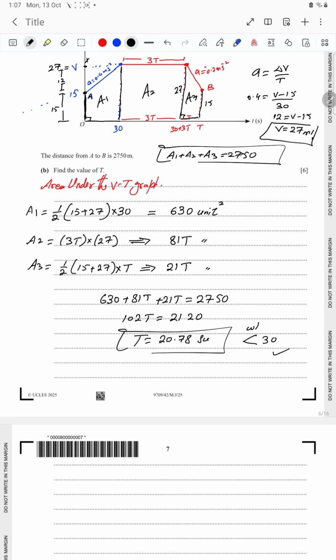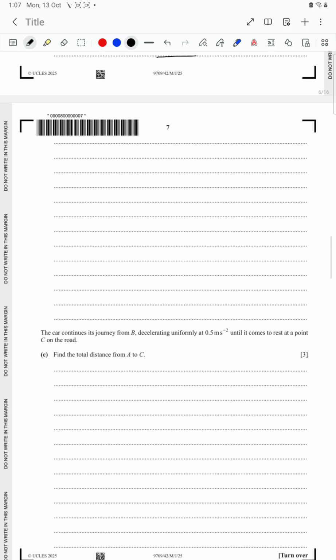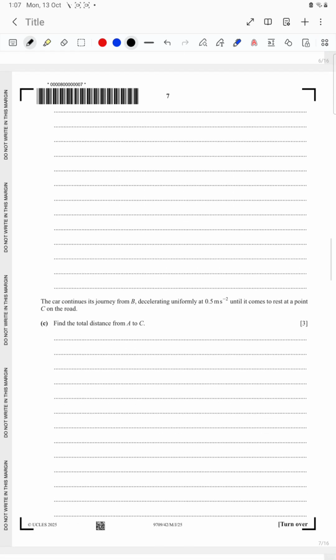Which is less than 30, so true. This could be my answer, 20.78 seconds. Now it also states the car continued its journey from B. It means it has not stopped here; it needs to continue its journey from B and decelerate uniformly.